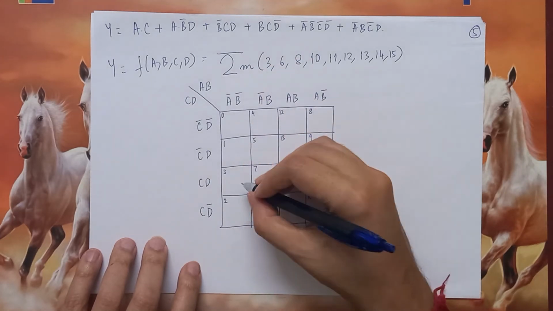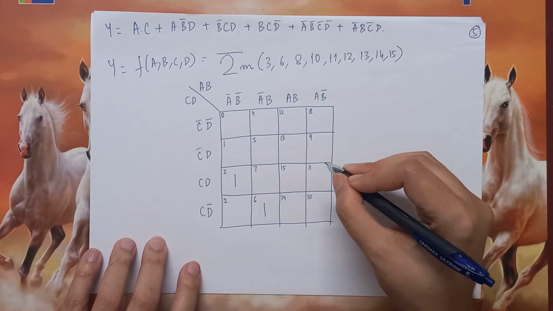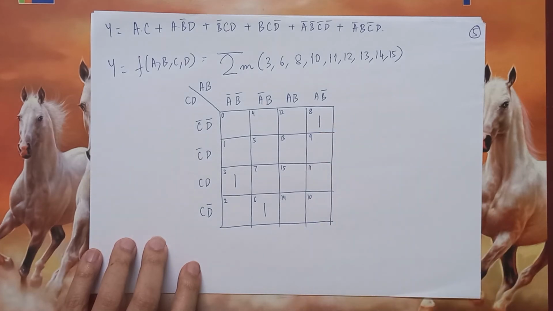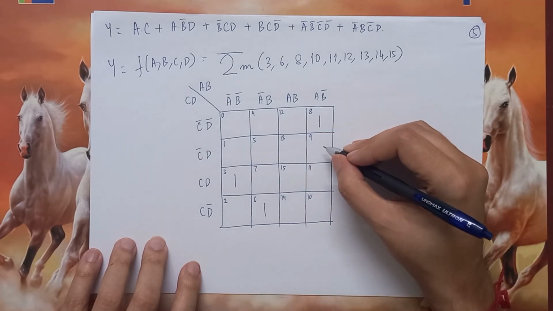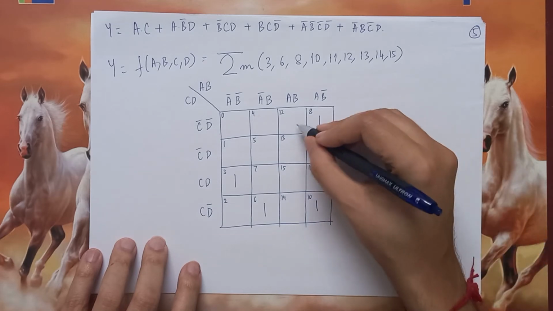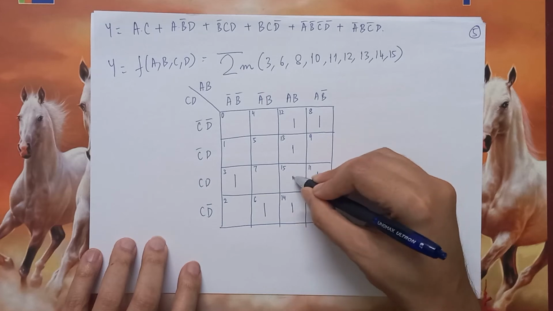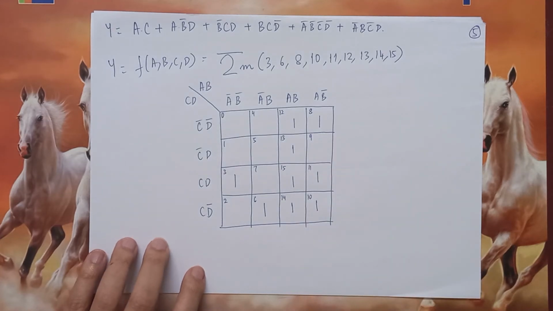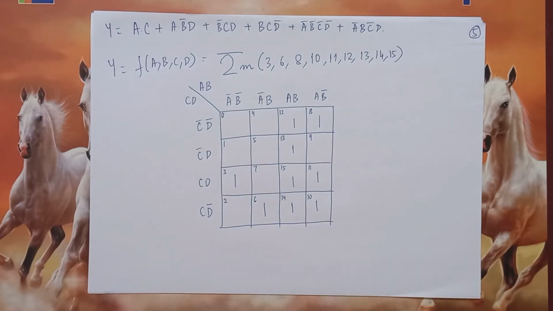So let us enter the cells where there is a 1. These are the minterms: 3, 6, 8, 10, 11, 12, 13, 14 and 15. Okay, so this is what it looks like. Now, what are the groups we can make?